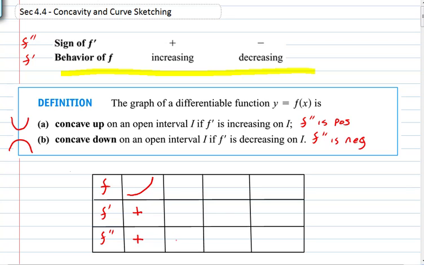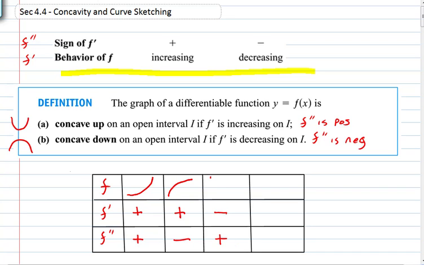If the second derivative is negative and the first derivative is still positive, now this shape is increasing concave down. If the second derivative is positive and the first derivative is negative, the function is now decreasing because the derivative is negative, concave up because the second derivative is positive.